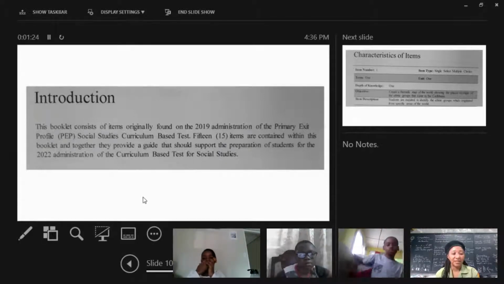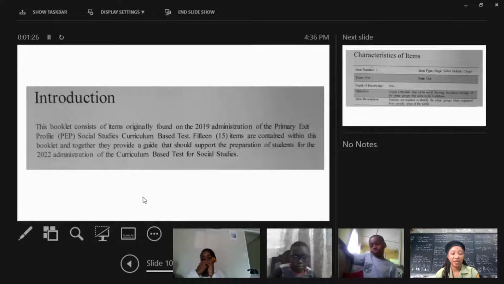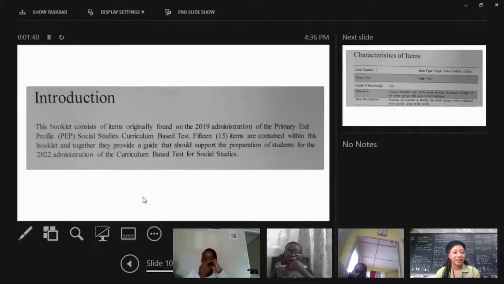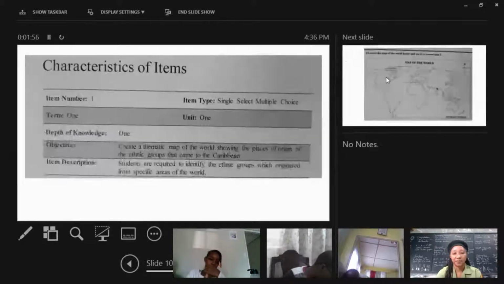This booklet consists of items originally found on the 2019 Administration of the Primary Exit Profile PEP Social Studies curriculum-based test. 15 items are contained within this booklet. And together they provide a guide that should support the preparation of students for the 2022 administration of the curriculum-based tests for social studies.